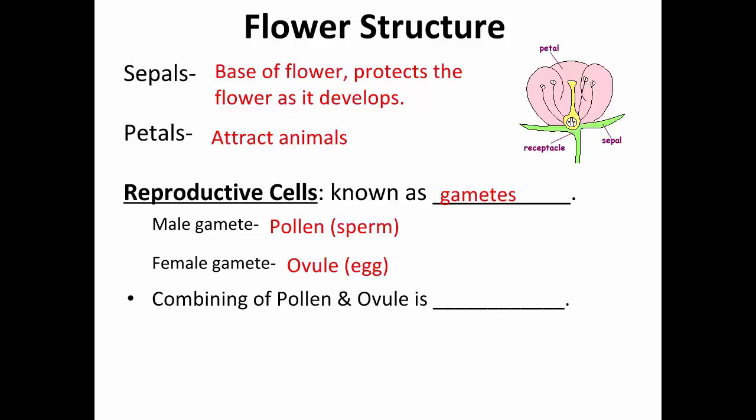Well, it forms a seed. We would say that it has been pollinated, that it's been fertilized. Pollination leads to fertilization, just like sperm cell meeting egg cell is fertilization. It produces an embryo.